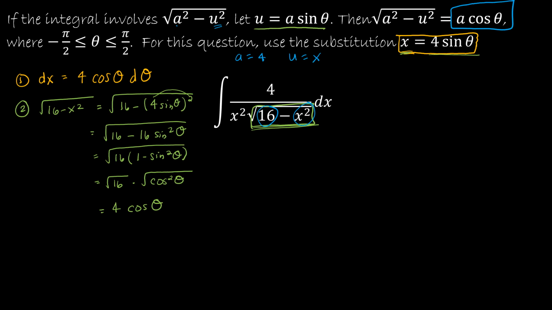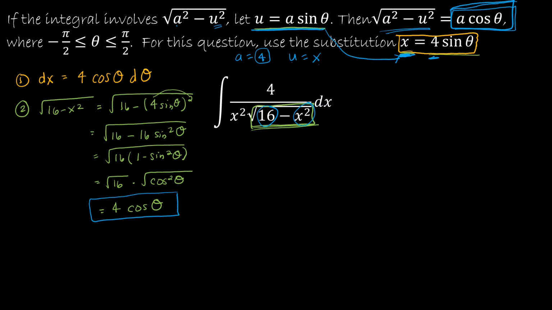And this tells me if I'm using U to be A sine theta, which is what I did here, U was x, A was 4 sine theta, then it's always going to work out that the radical will reduce to A cosine theta. And is that true here? 4 cosine theta. So again, do I have to do the work for number 2? No, but I wanted to show you that that's how it's going to work every single time that you do it. All right, that brings us to step 3.